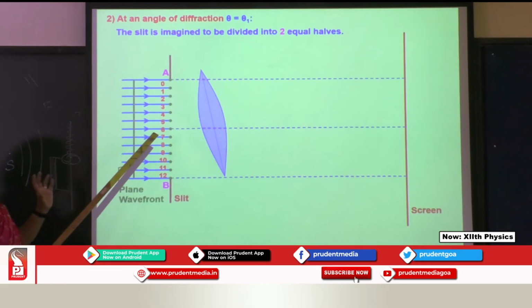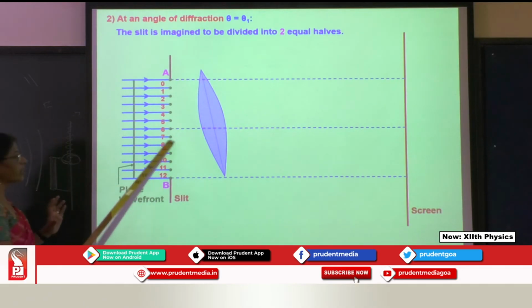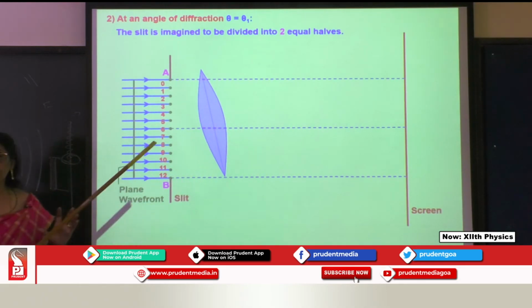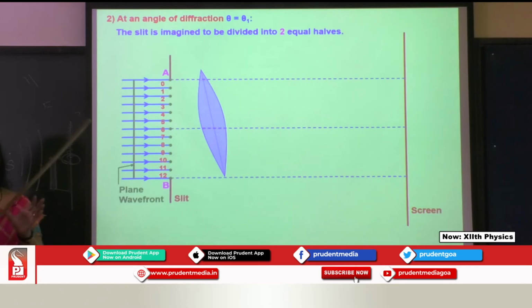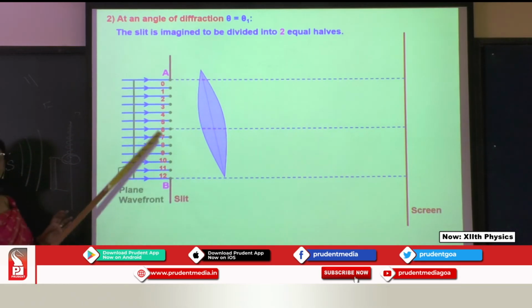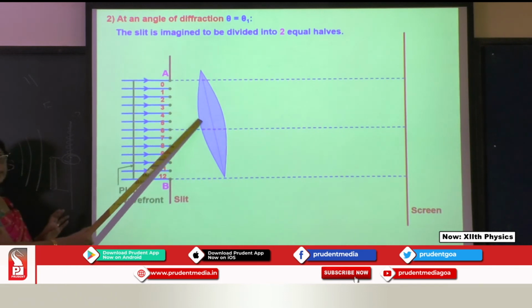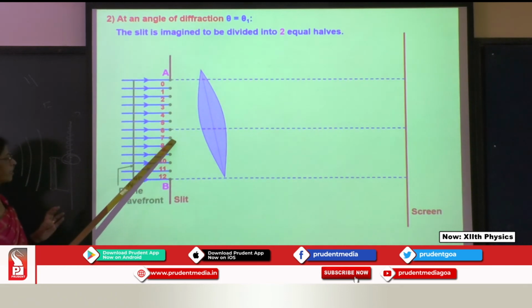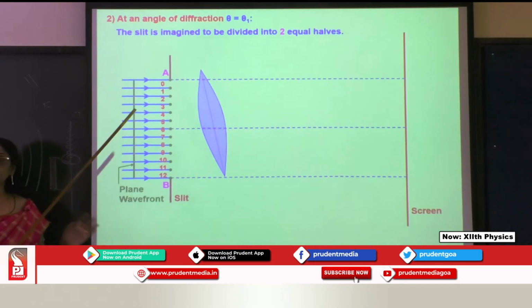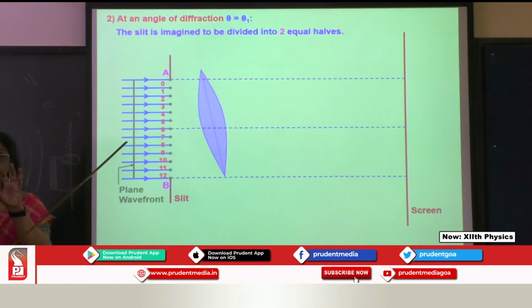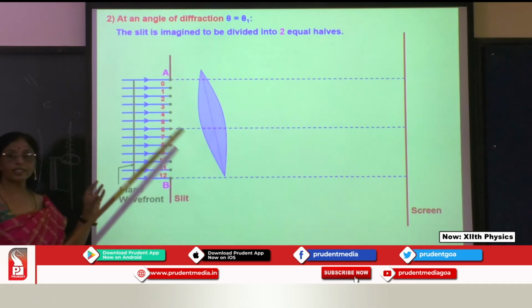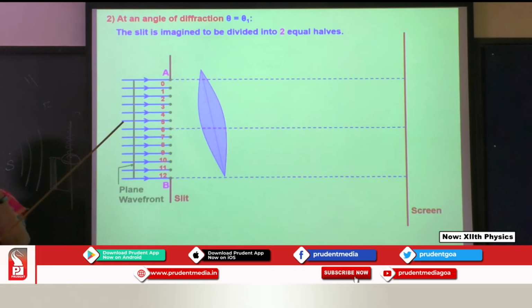When they meet over there, the crest and the trough cancel each other. As they are divided into two parts, one has 6 crests and the other has 6 troughs. So they both cancel each other and give rise to a dark spot. So for the first angle theta, they are divided into two parts, and therefore they cancel each other and give rise to a dark spot.